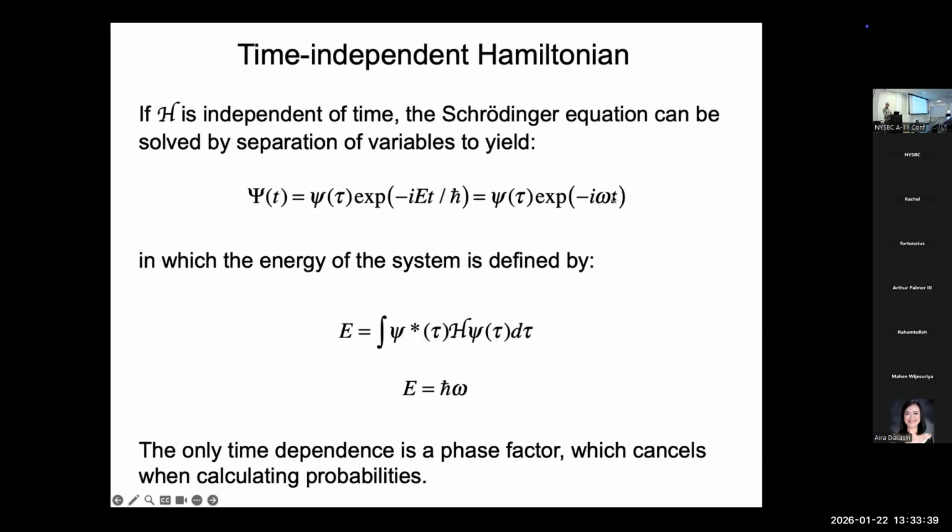Frequency times time is a phase. So for a time independent Schrodinger equation, we just have a function of physical variables and then a phase factor. This defines the energy as shown here.